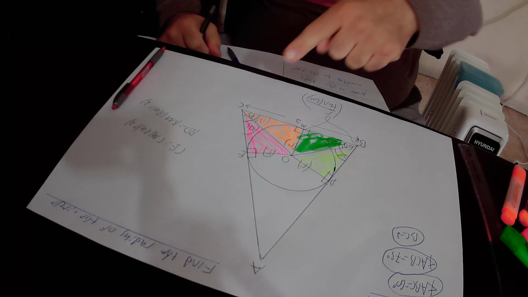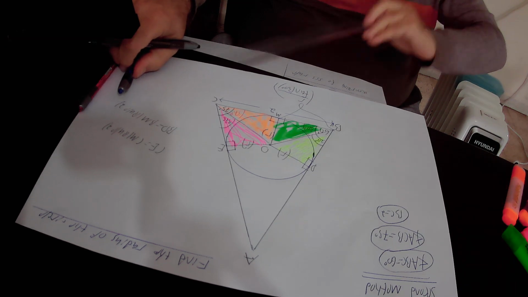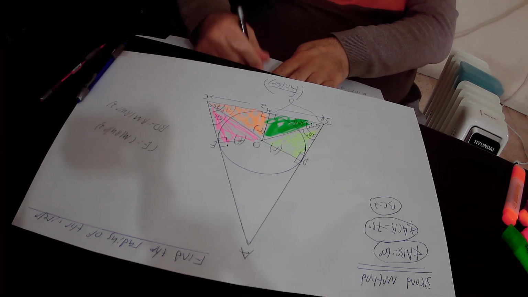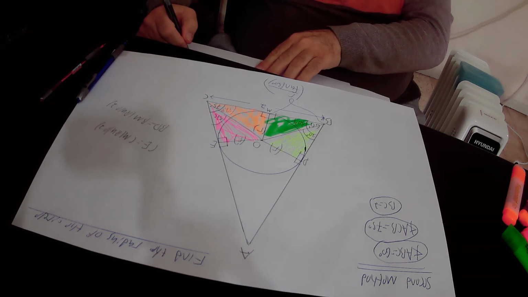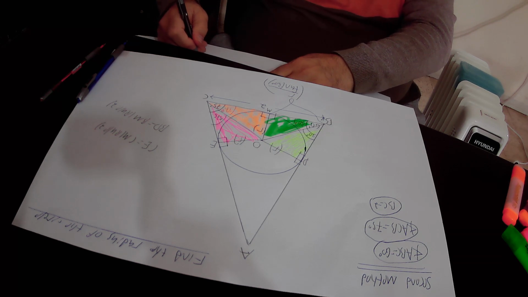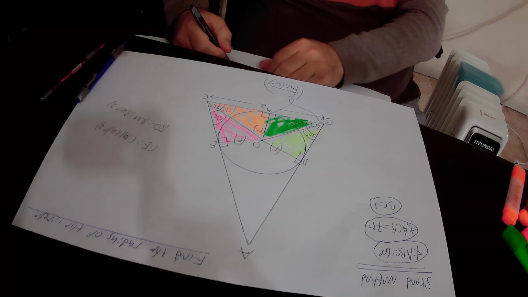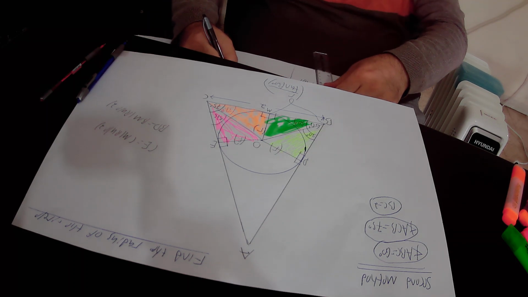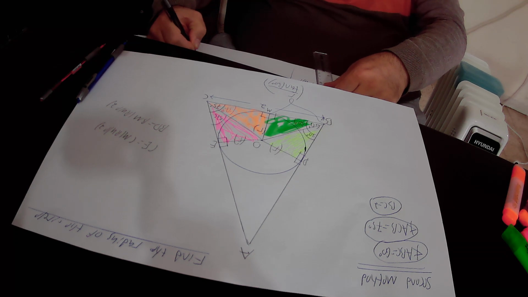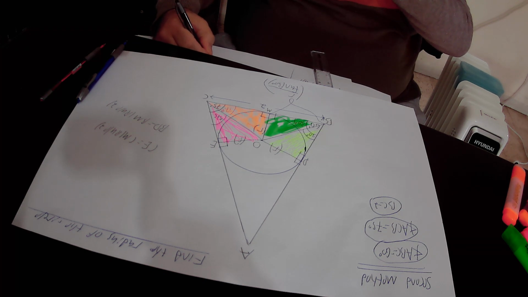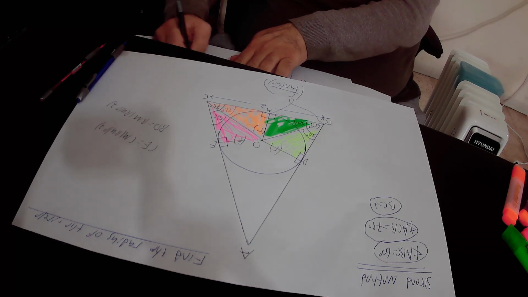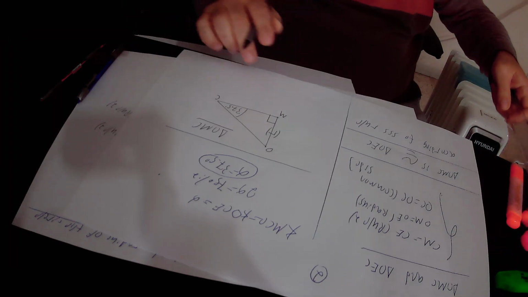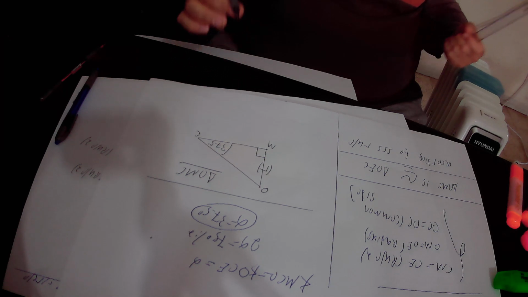this right orange triangle, triangle OMC. Actually, this is the orange triangle, triangle OMC that I copied from the original drawing.